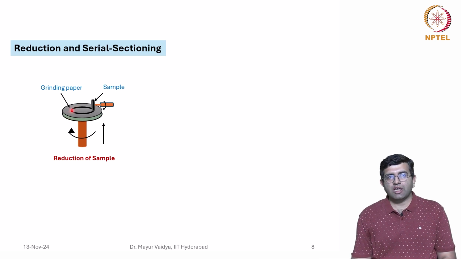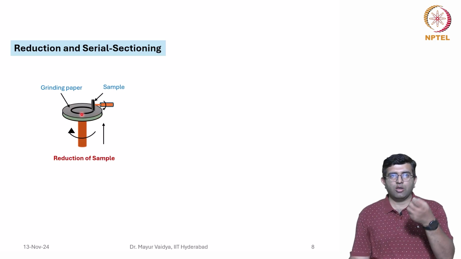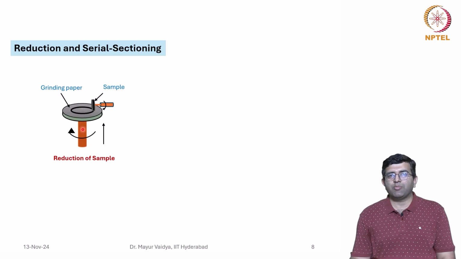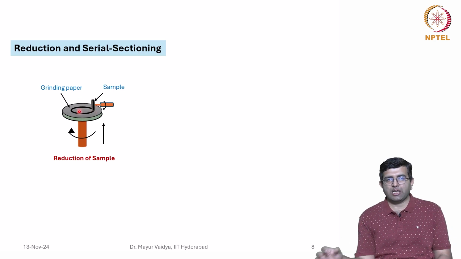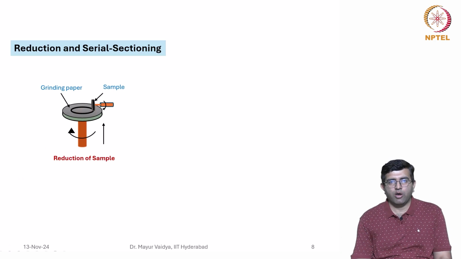The tracer can diffuse to the side surface and reach here. That will give erroneous values if measured along with the tracer diffusion that is happening in the depth direction. Therefore, we reduce the diameter of the sample so that those lateral diffusion effects can be removed.